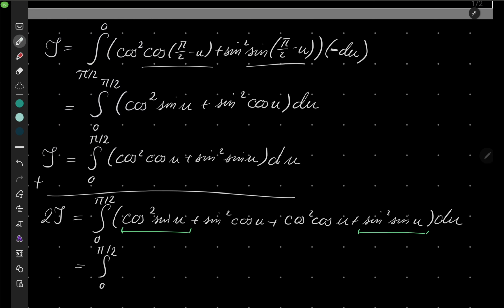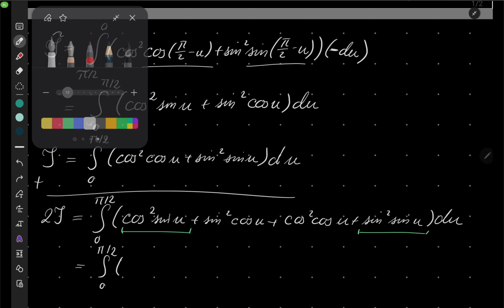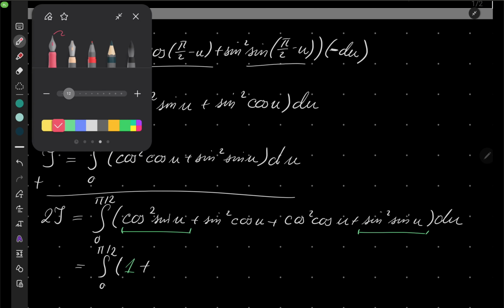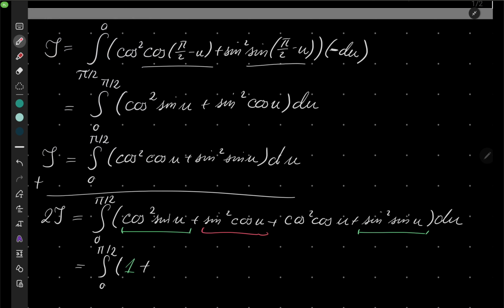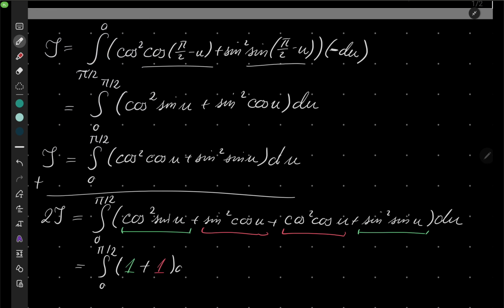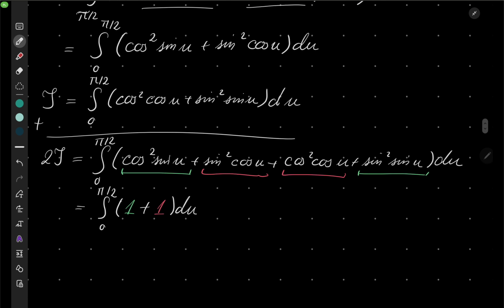It's just 1. And also these two terms, sine squared of something plus cosine squared of something, it's also just 1, du. Very, very well. So we have just two integrals from 0 to pi over 2 of du.